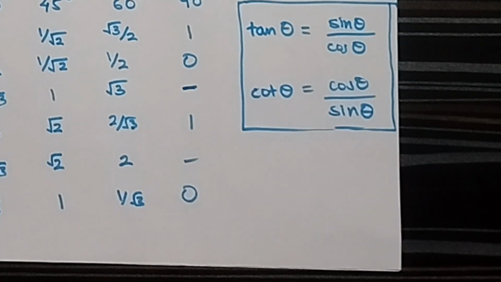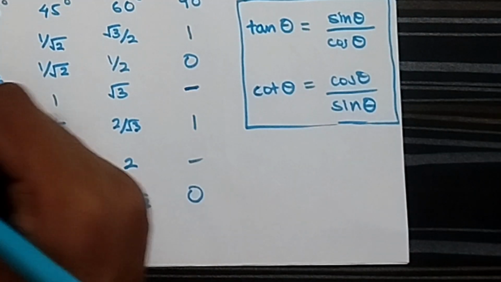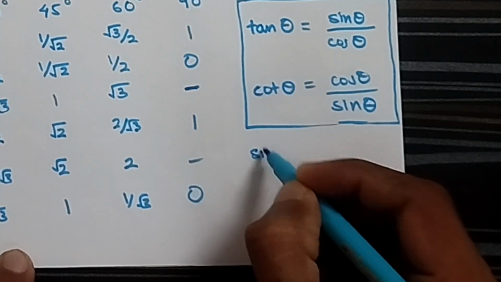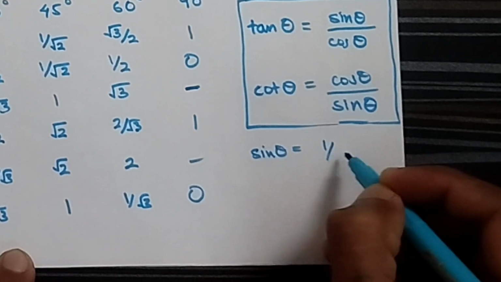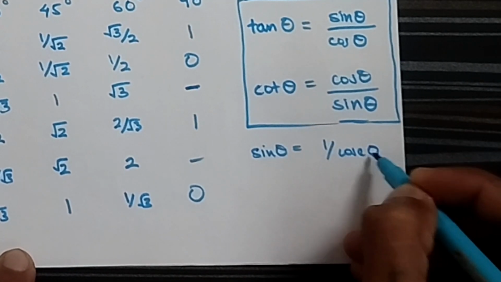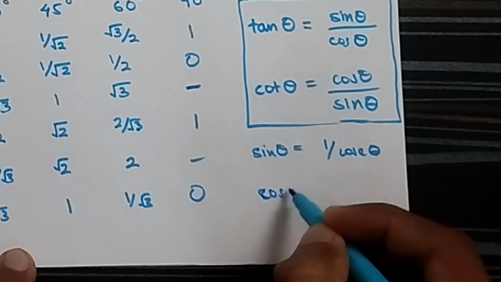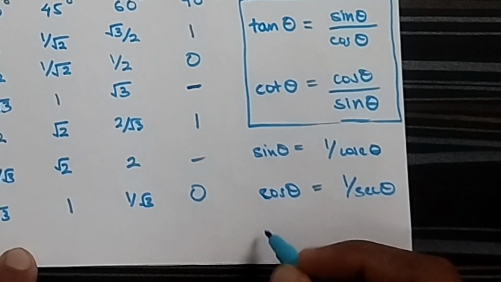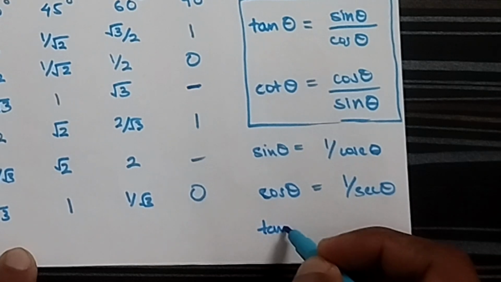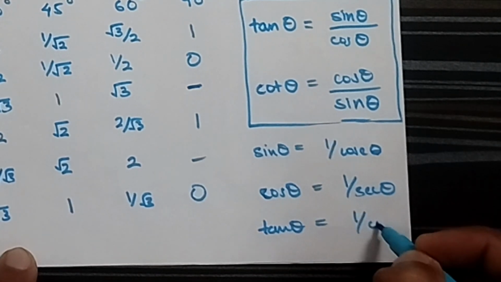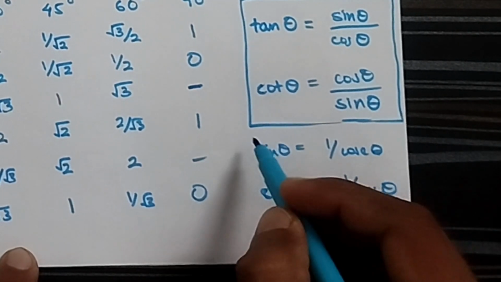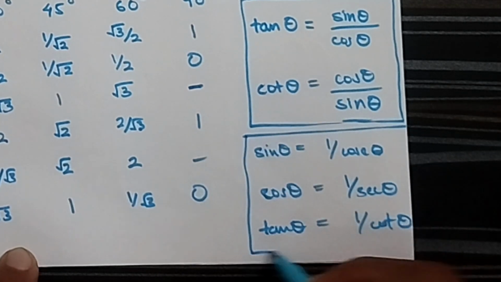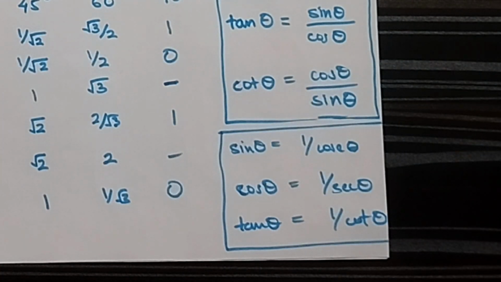And we know these are complementary. That will mean sine theta would equal 1 by cosec theta. And we know cos theta would be 1 by sec theta. And we know tan theta would be 1 by cot theta.